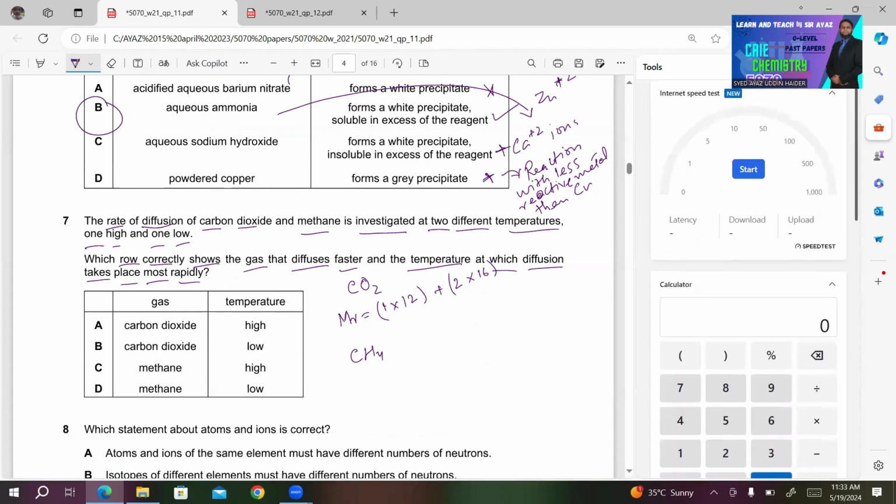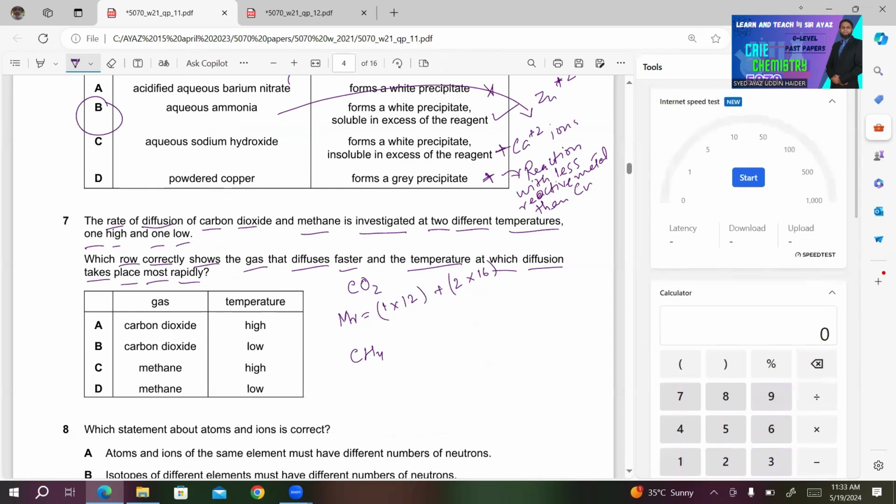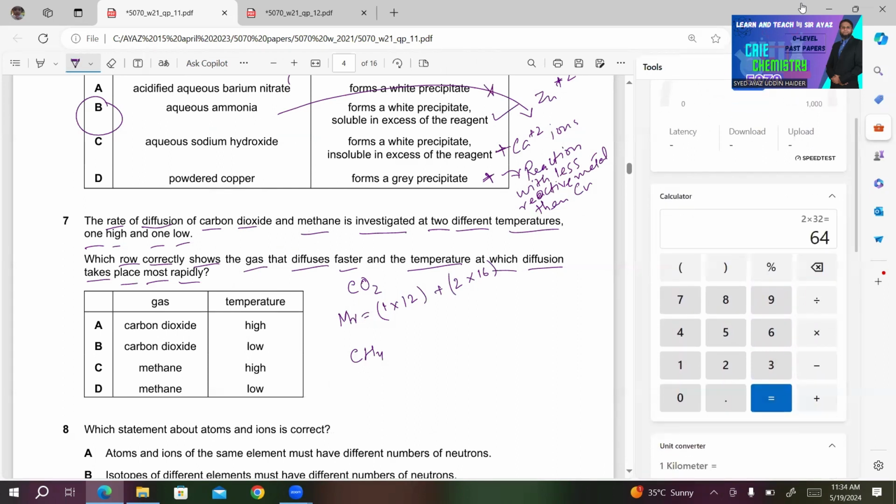Two multiplied by 16 gives 32. Thirty-two plus 12 gives 44. So 44 is the Mr for carbon dioxide.